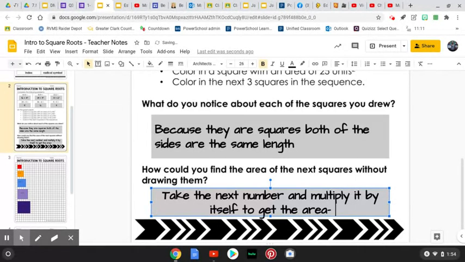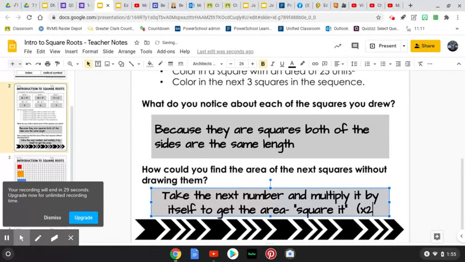And that means square it. We'll say square it, which means x squared. And that will mean we highlight this. I'm getting ready to lose time. Done. Whoops. X squared.